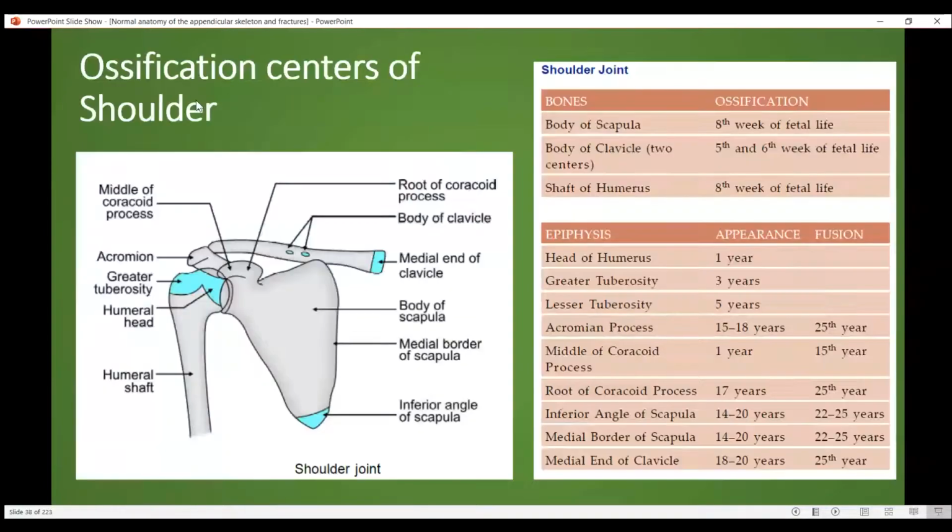Like I said last time, I asked what the ossification centers are and when the ossification centers in particular bones appear. I have included them in the practical slides. Use them purely for knowledge purposes. They will be very important in competitive exams.